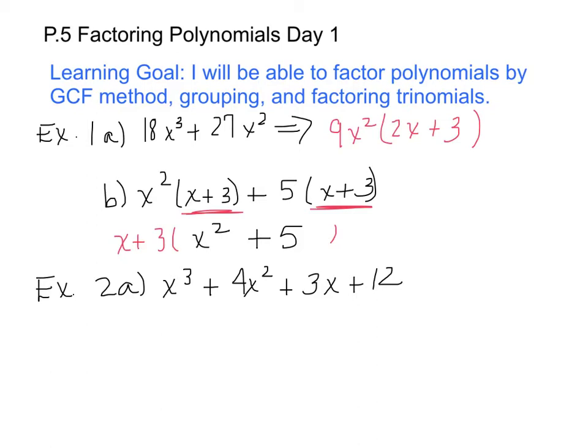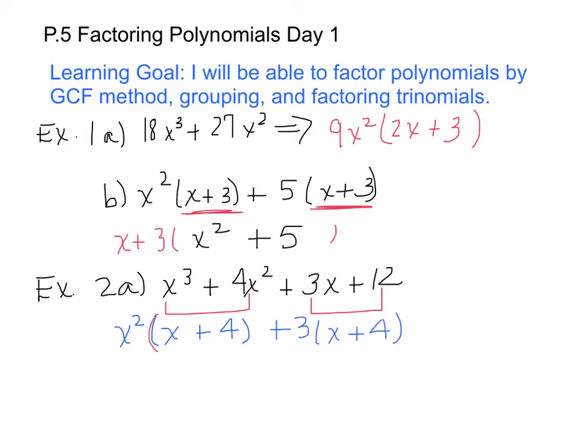So what you do is you group them together. So we're going to group these two and these two. And we look and see what they have in common. So the first two have an x squared in common. And then you're left with x plus 4. And in the second term, they have a 3 in common, and you're left with x plus 4.